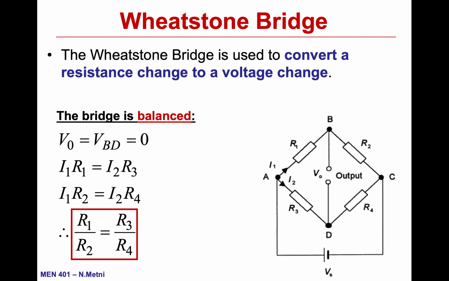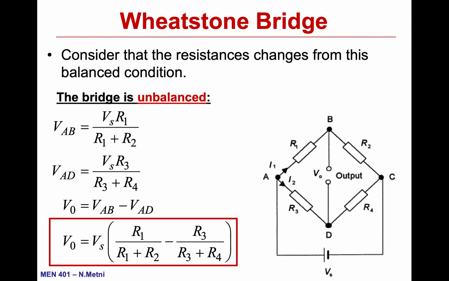So whenever my V out is equal to 0, I can ensure that R1 is equal to 100 ohm, so my temperature is equal to 25 degrees centigrade. Now, if this temperature changed, I will have a new R1.